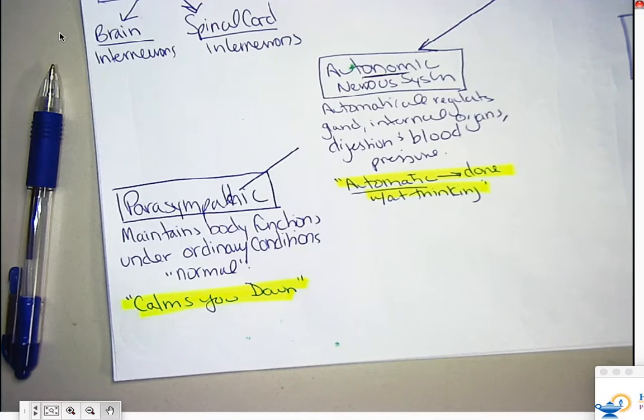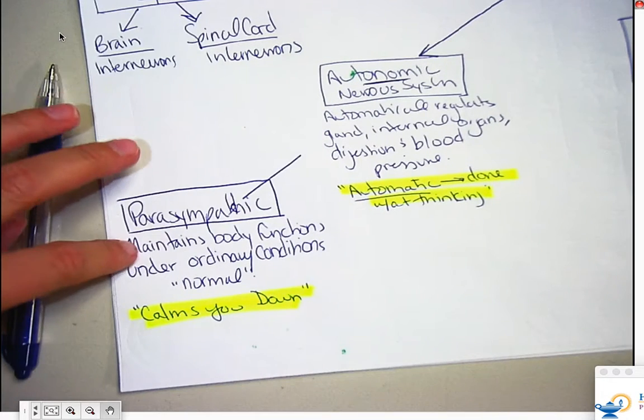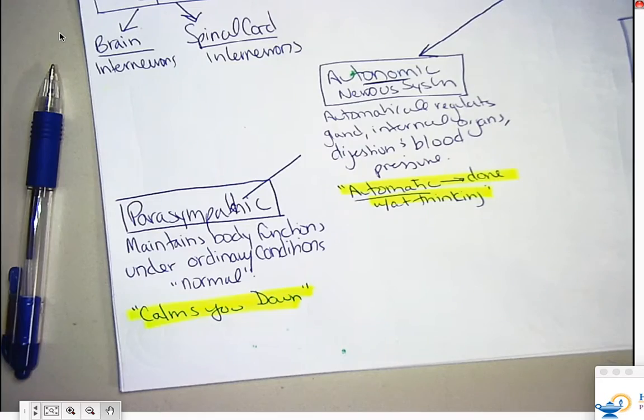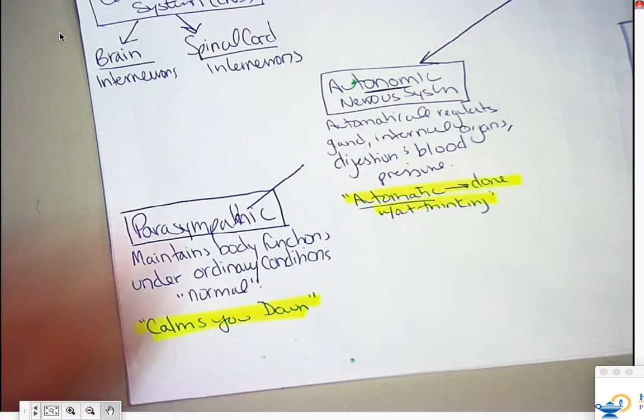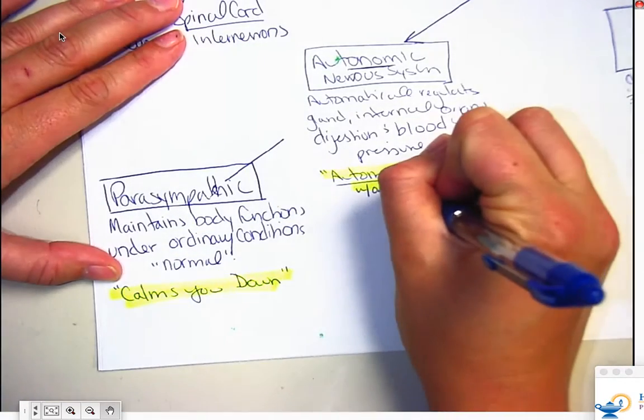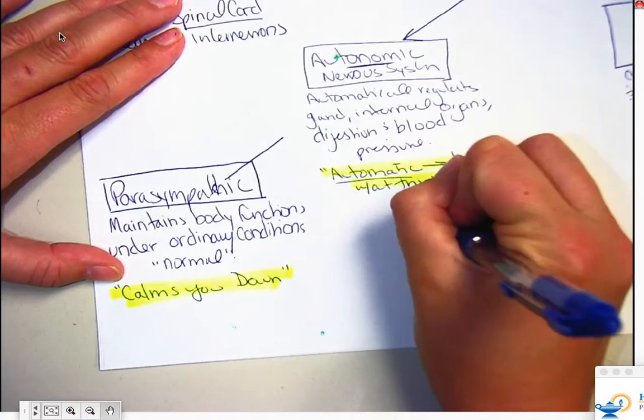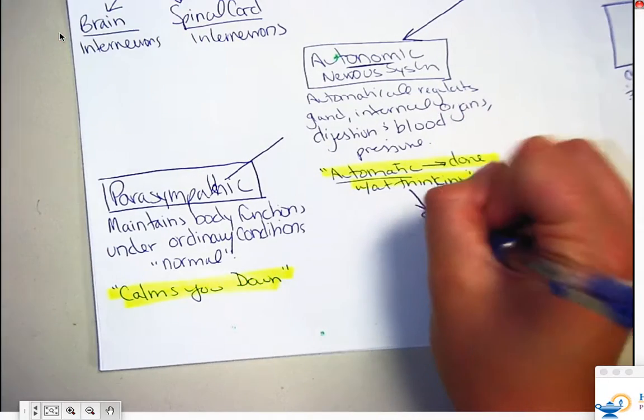Right now, are you incredibly stressed? I hope not. You should be like, we've got to get this done because it's important, but you shouldn't be like, oh my God, I'm sweating profusely. Your parasympathetic is in control right now. It's kind of calming you down, keeping you calm. The other one is your sympathetic nervous system.